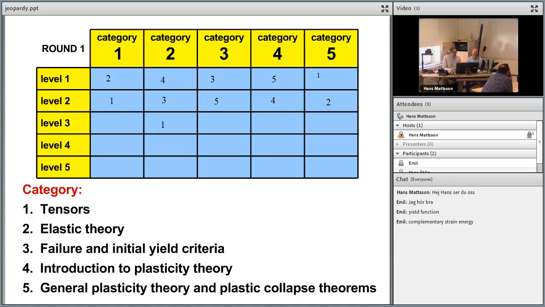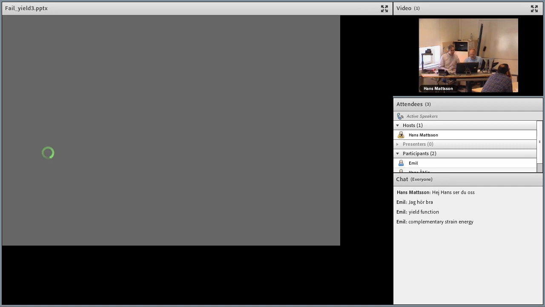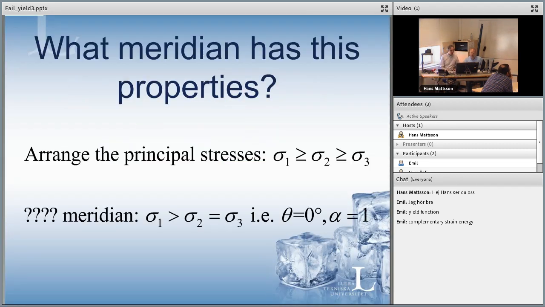And then we go to group number 2 that will choose a question. Category 3, level 3 for group number 2. Okay, here comes the question. What meridian has these properties? Here we have the properties.